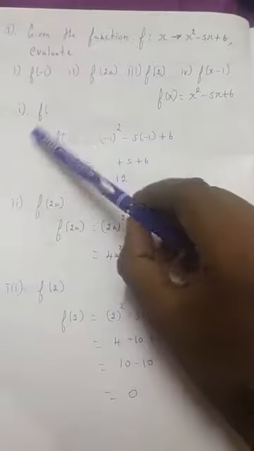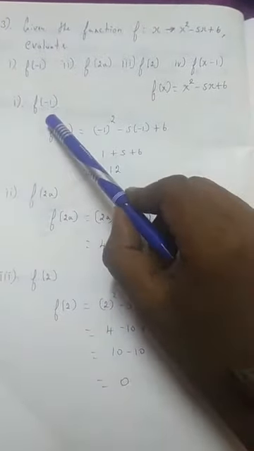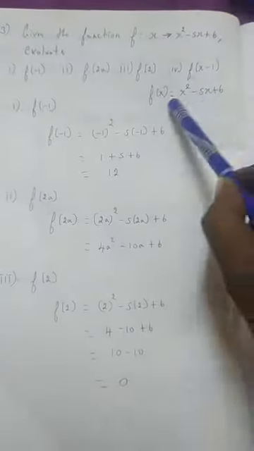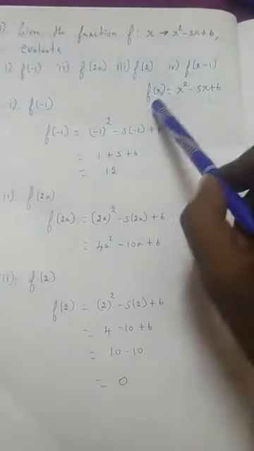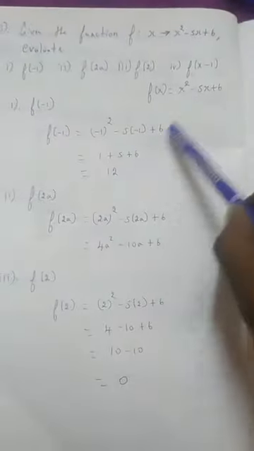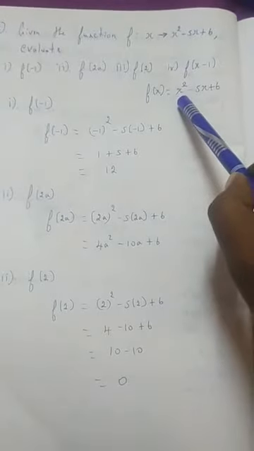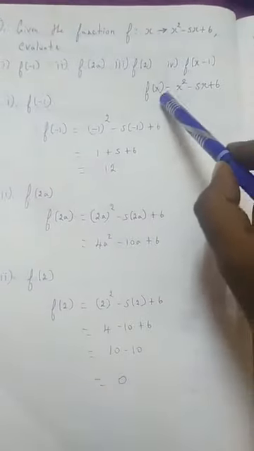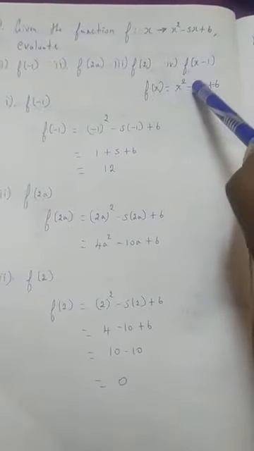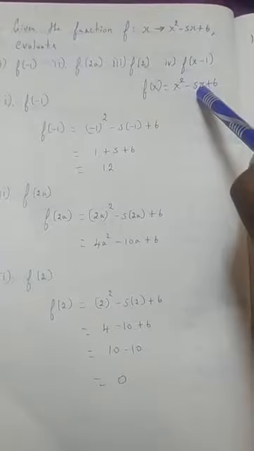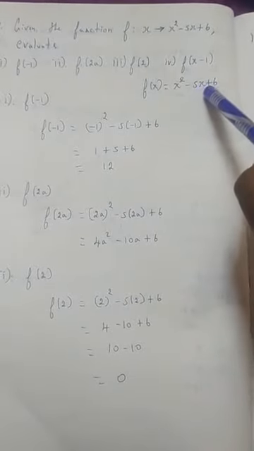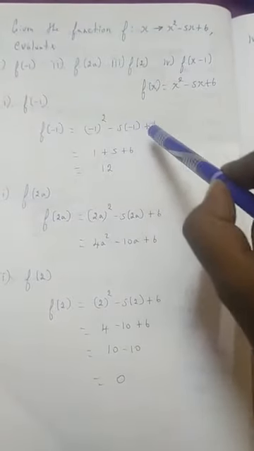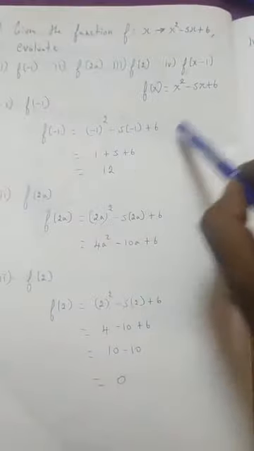So f of minus 1 is equal to, here we have x square. Therefore, we have to substitute minus 1 in the place of x, right? So minus 1 square. Minus 5 is here, minus 5. Again we have x. So in the place of x, I have to substitute minus 1. So minus 1 plus 6.